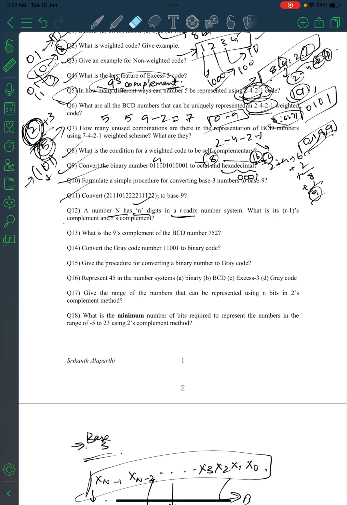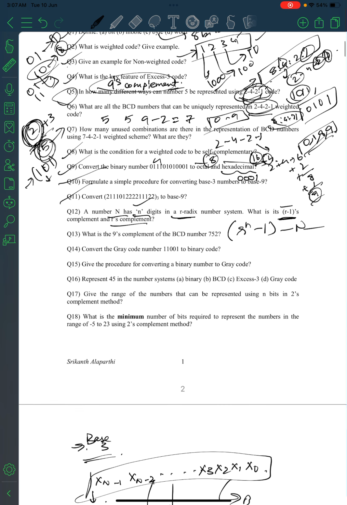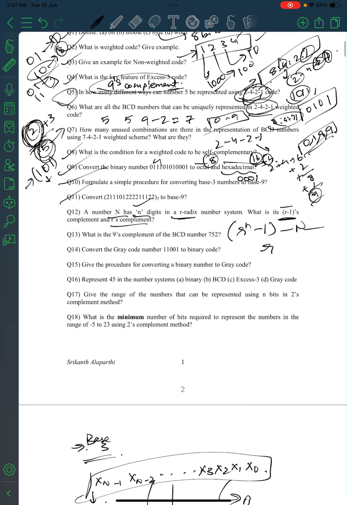Right, r's complement and r minus 1's complement. What is r minus 1's complement and r's complement? R minus 1's complement means r to the power of n minus 1 minus N, where N is the number. And r's complement is r to the power of n minus the number.